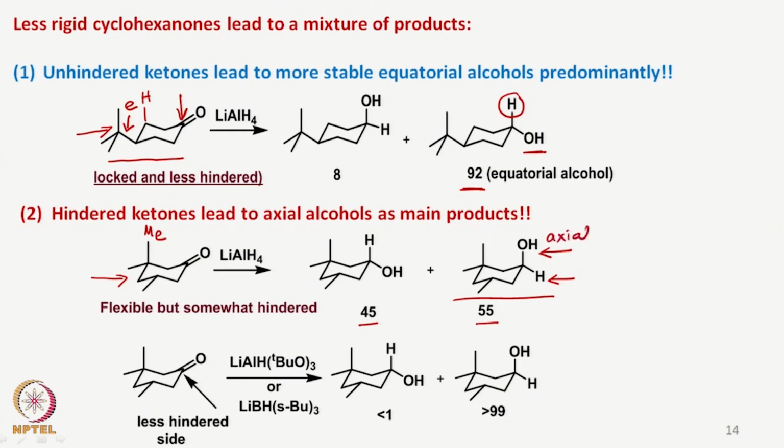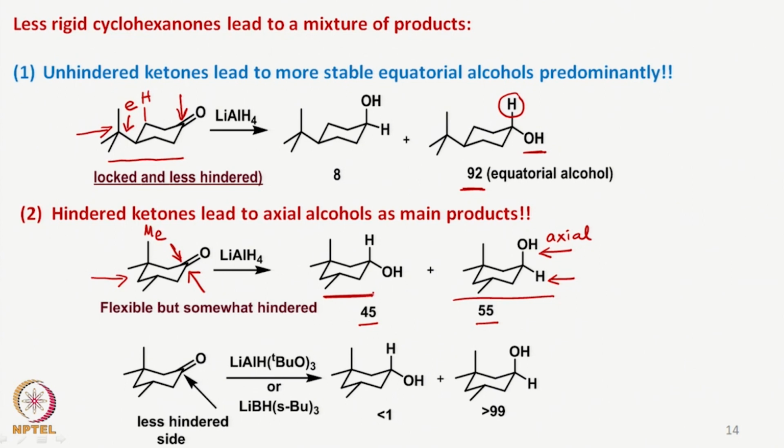The axial alcohol formation occurs because this side is somewhat less hindered compared to this side, and therefore we get 55% of the axial alcohol via the reduction from the equatorial side, whereas the axial side reduction gives 45%.